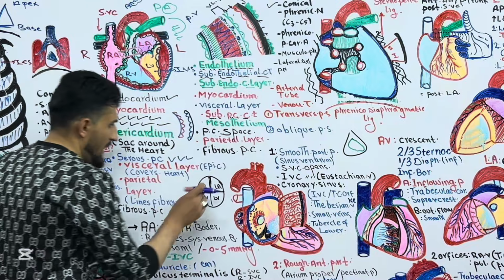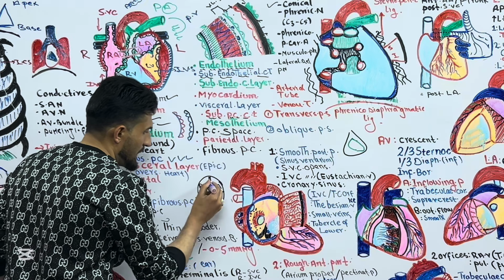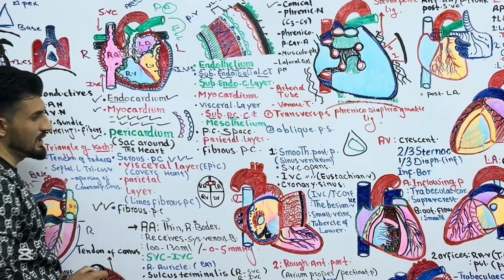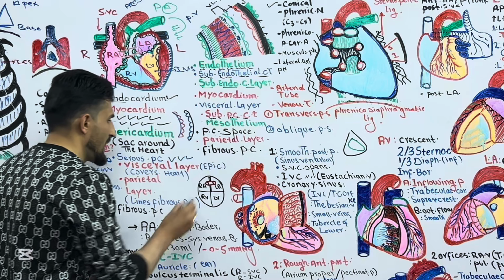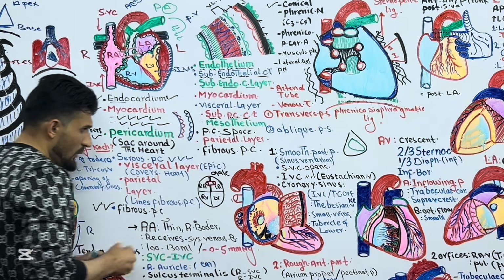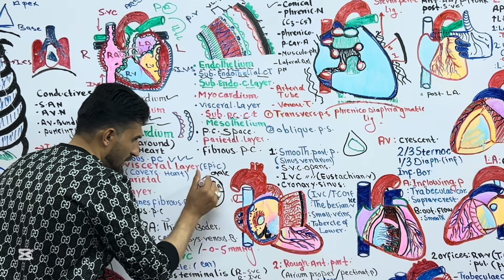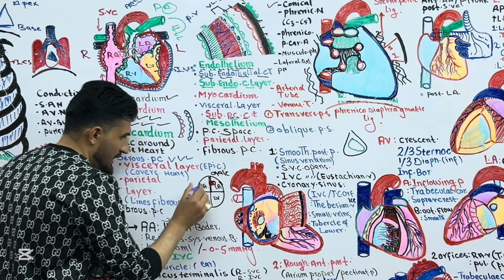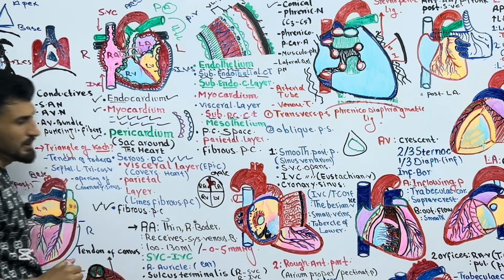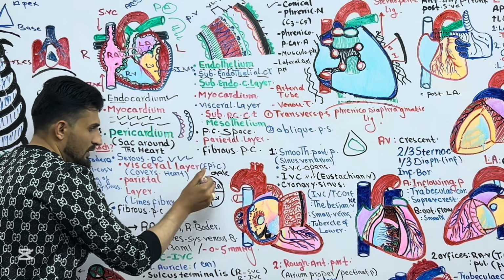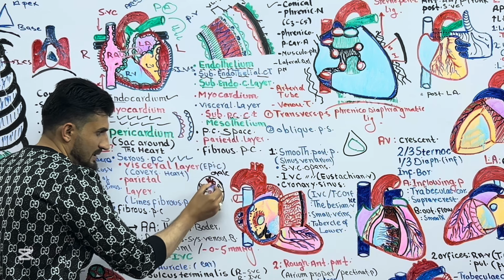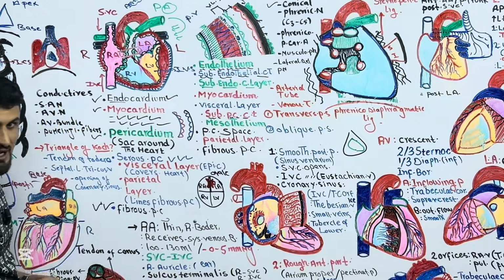Now, during embryonic life, we have a foramen here, and this foramen is called the foramen ovale. When it closes during adolescence, a fossa, a depression, will be made from this side and from this side, and this depression is called the fossa ovalis.